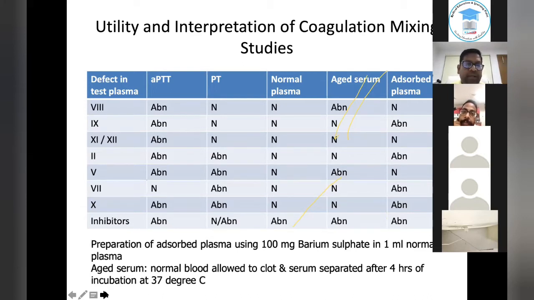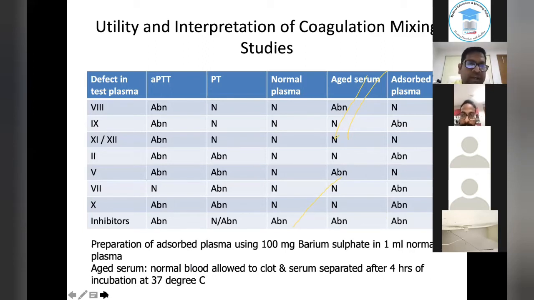If both PT and APTT are abnormal, and it does not get corrected with the H serum, you might be dealing with a factor 5 deficiency. It gets corrected with normal plasma and adsorbed plasma. Similarly, if only PT is prolonged and it will not get corrected with the adsorbed plasma, you might be dealing with 7 deficiency. 10 will have both PT and APTT abnormal and it will not get corrected with the adsorbed plasma.